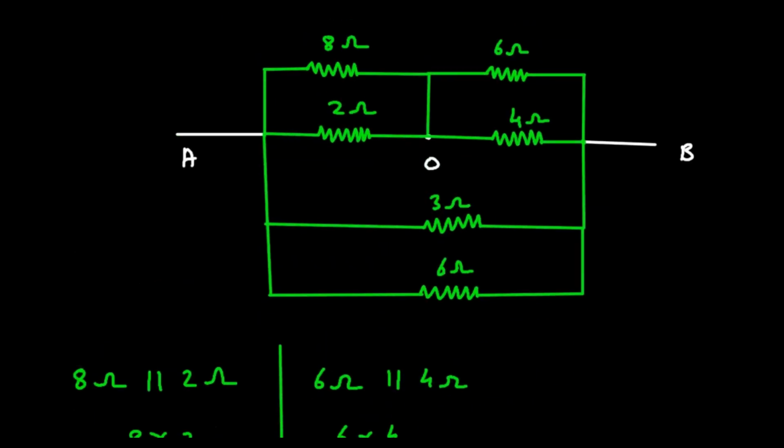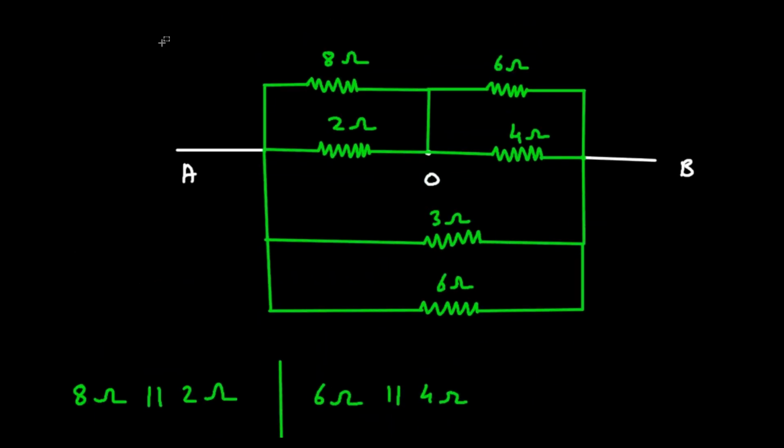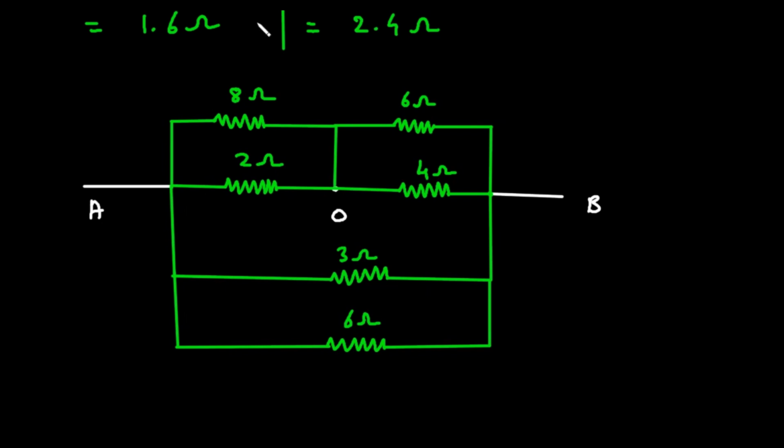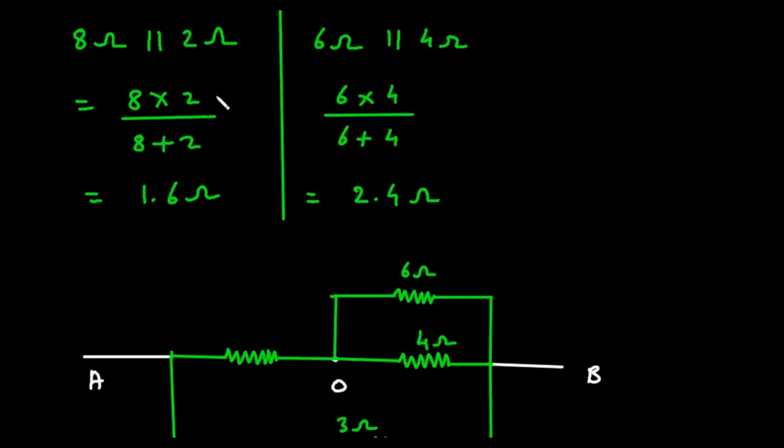Now what we can do? We can redraw this circuit again. So first let's copy this circuit from here and paste it here. Now here we can replace these two resistances. 8 ohm and 2 ohm, they are connected in parallel, so 8 ohm and 2 ohm can be replaced by 1.6 ohm.